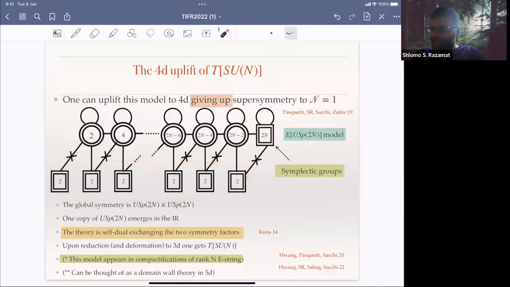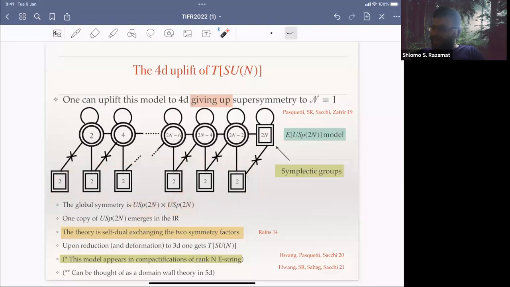It so happens that you can show that in the infrared, all these SU(2)s also enhance to USp. So this theory in 4 dimensions has 2 USp symmetries. One of them is non-trivial. It is emergent in the infrared. And you can show that actually this theory is self-dual, such that these 2 symmetries are exchangeable.